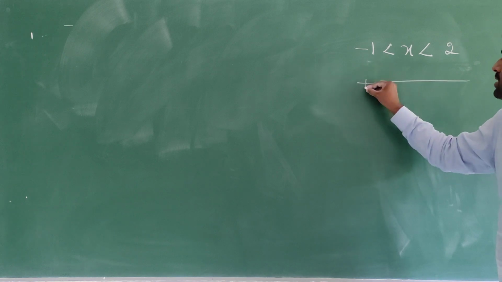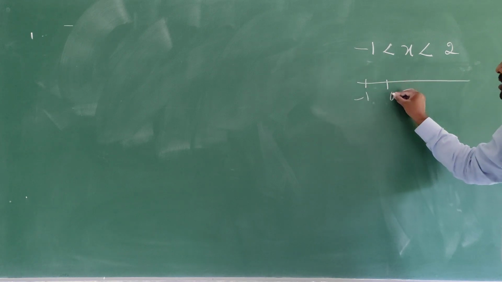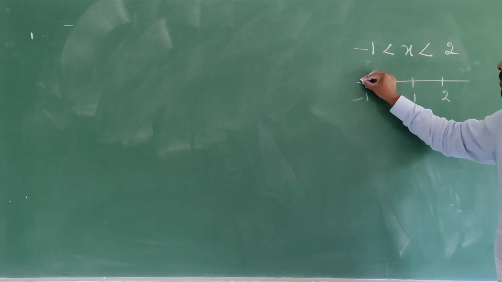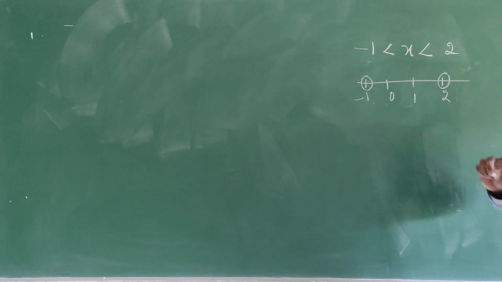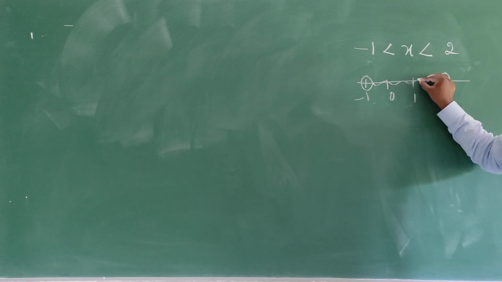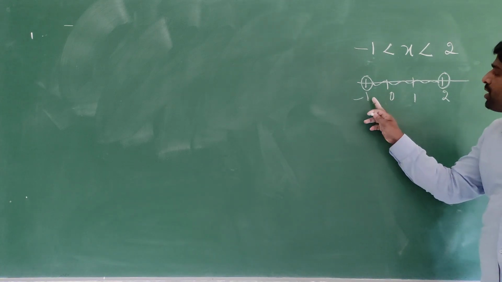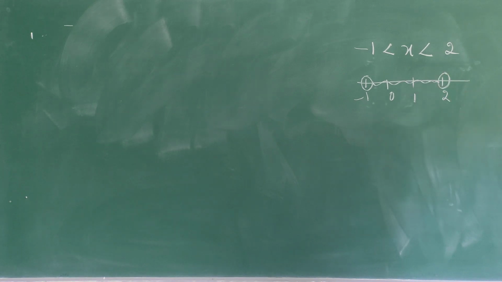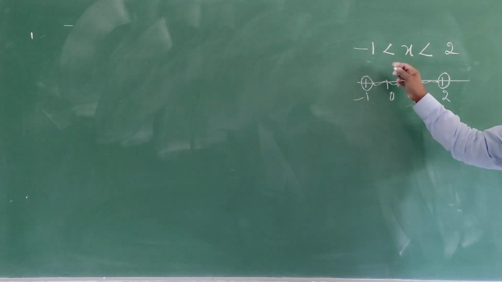Now I will show this interval on the number line. Observe, this is minus 1, 0, 1, 2. The end points are minus 1 and 2. Here minus 1 is excluded and 2 is excluded.